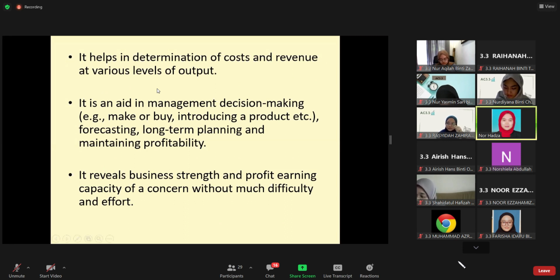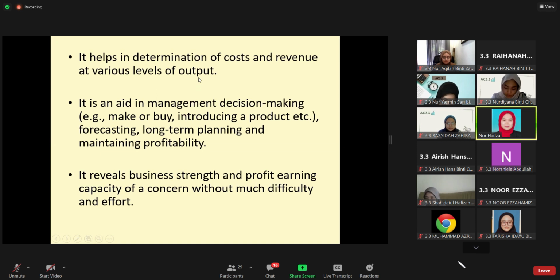It also helps in determination of costs and revenues at various levels of output. So instead of, as I mentioned just now, preparing only one analysis, or more than one analysis with a different quantity, you can cut down the work by using this formula or equation. Also, it helps management in making decisions. Decisions of what?